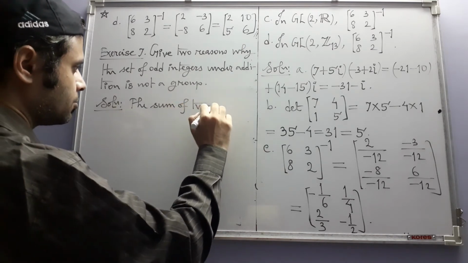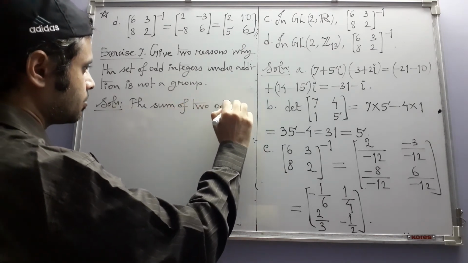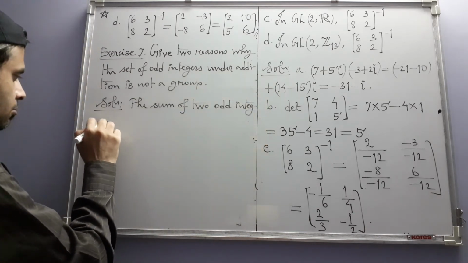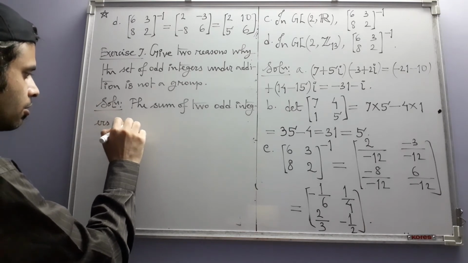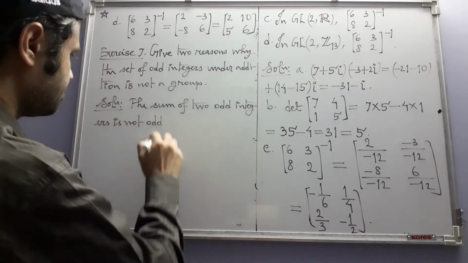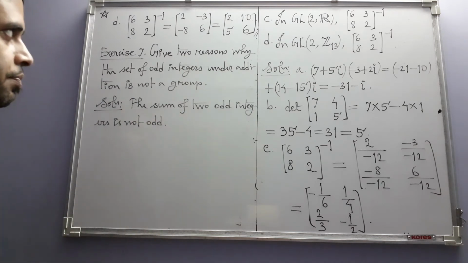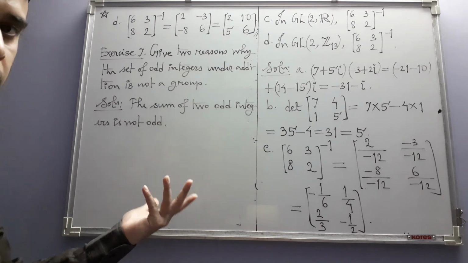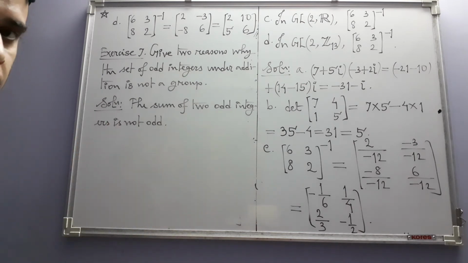The sum of two odd integers is not odd. In fact, it is even. So that's why under addition the set of odd integers is not closed. So that is one reason.